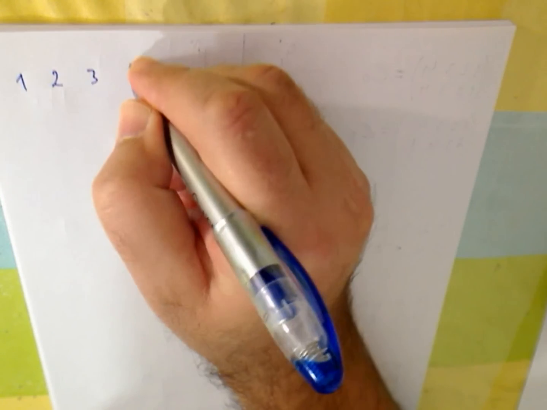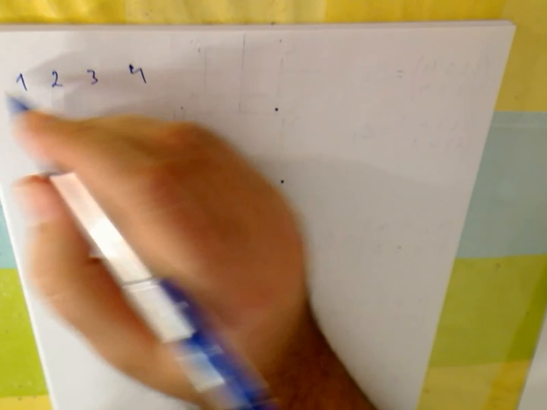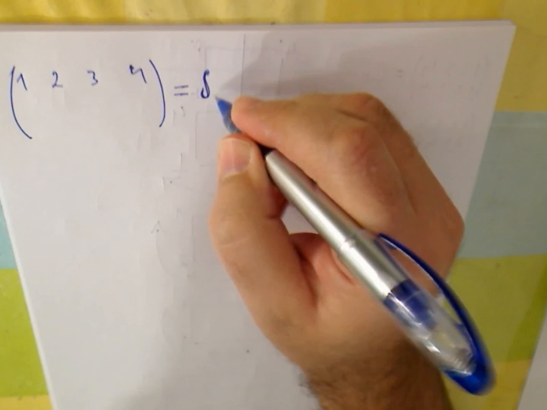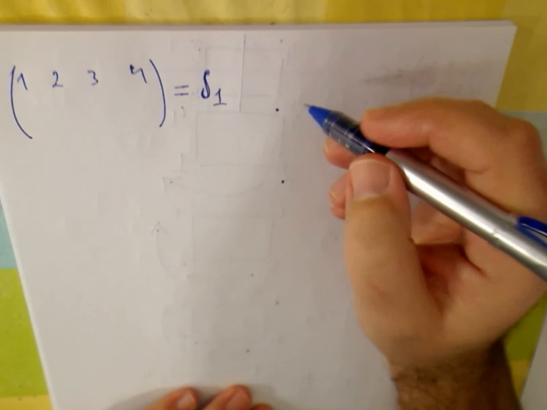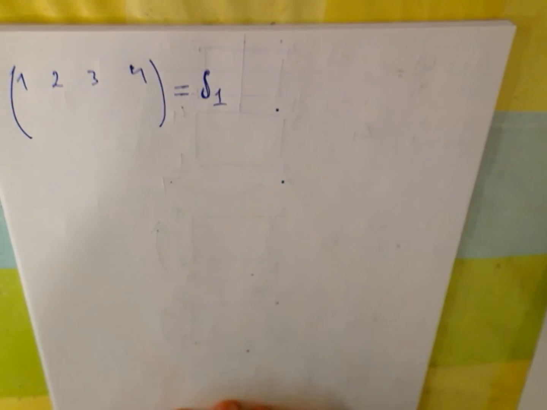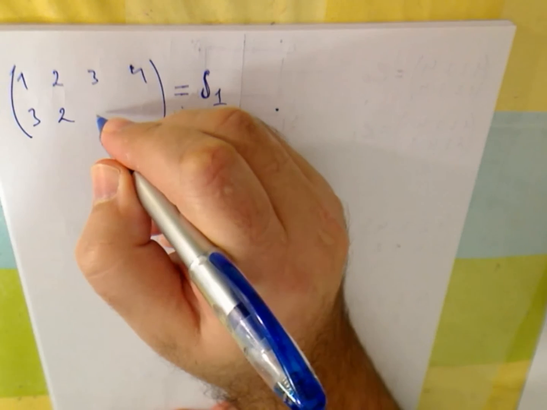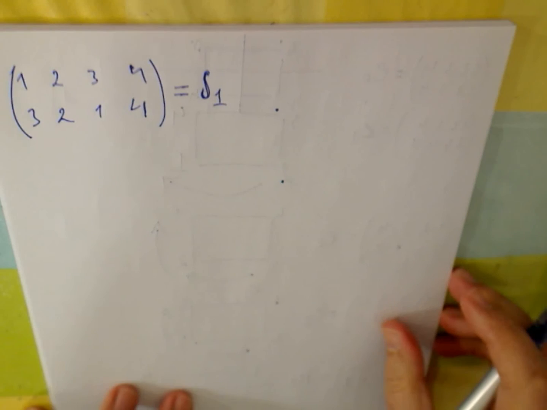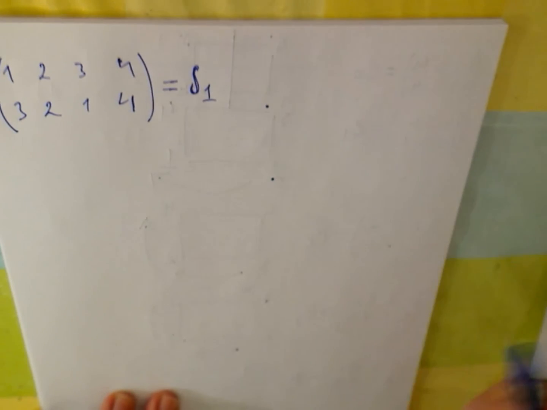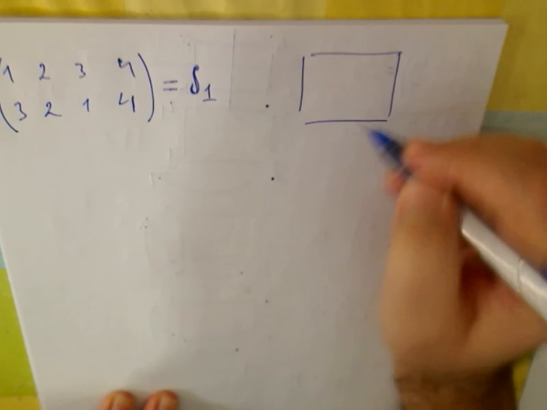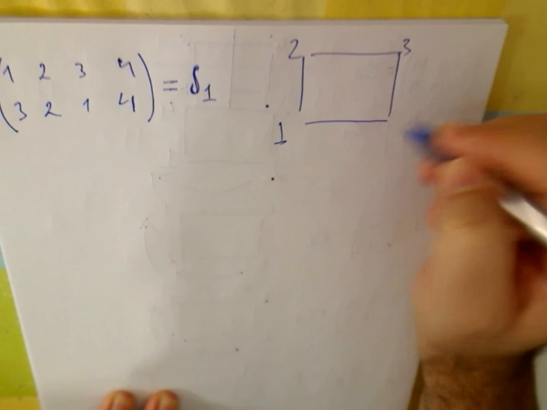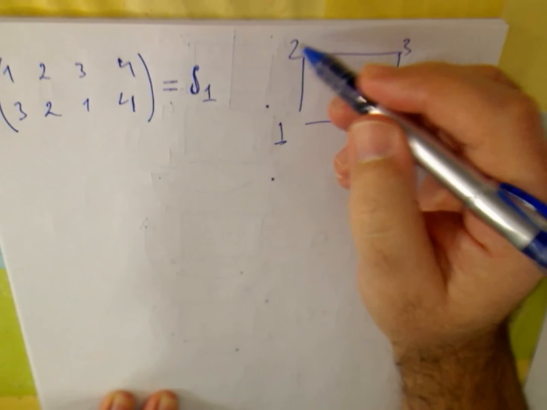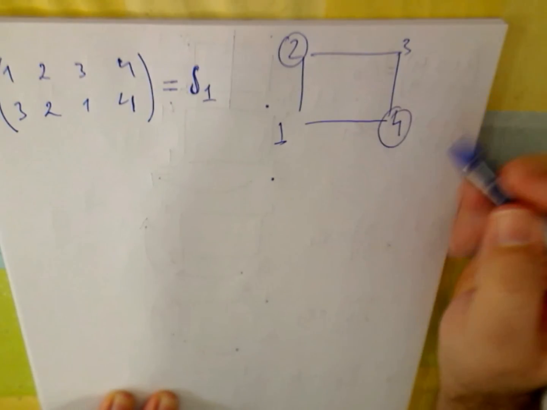We can also mirror through the diagonal if you want. So that will be 3, 2, 1 and 4, meaning we had 1, 2, 3, 4, and we can keep 2 and 4.